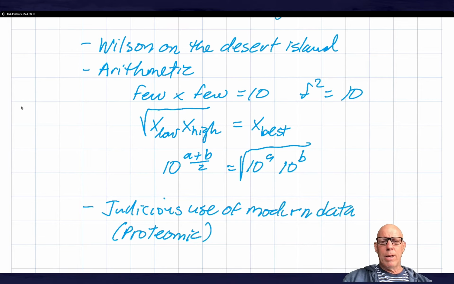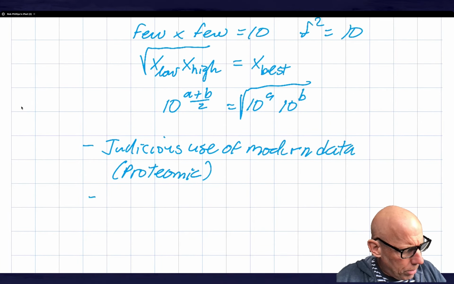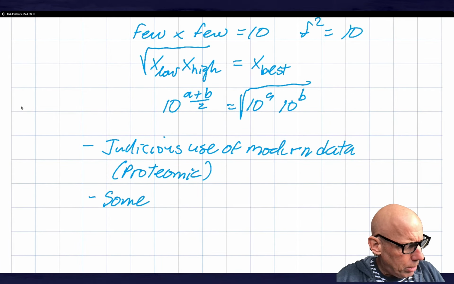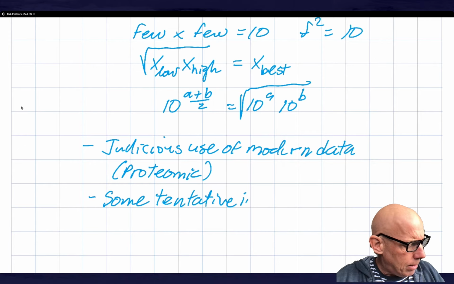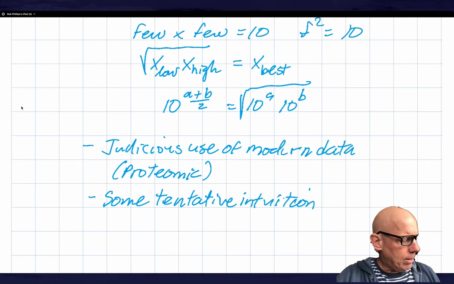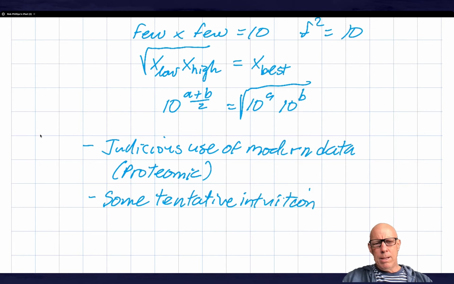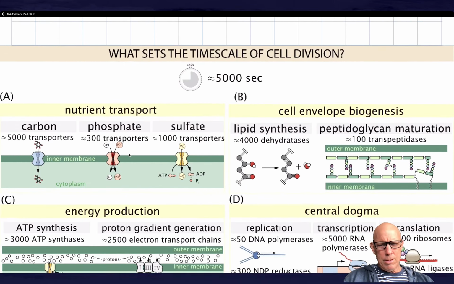And that also turned out to be extremely useful. And we closed with some tentative intuition. What I mean by that is that we leave with a contending hypothesis. And the contending hypothesis is the idea that the production of ribosomes is rate limiting.